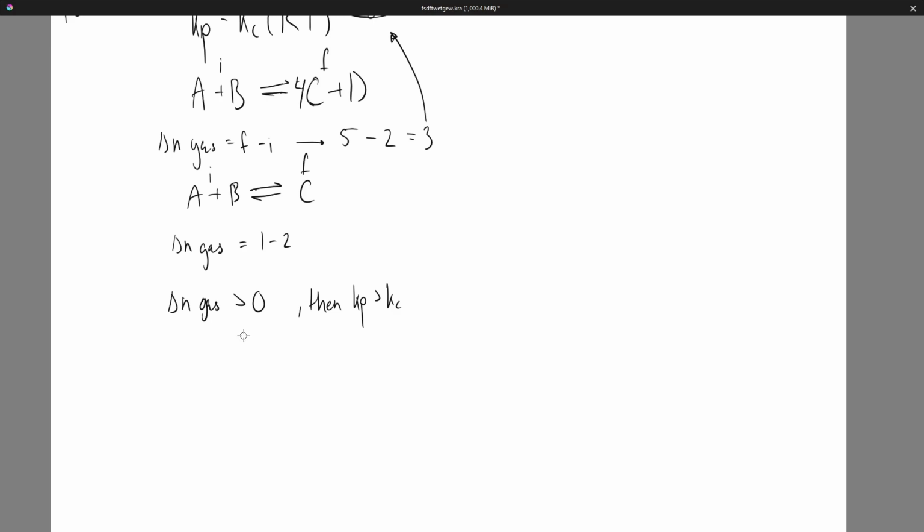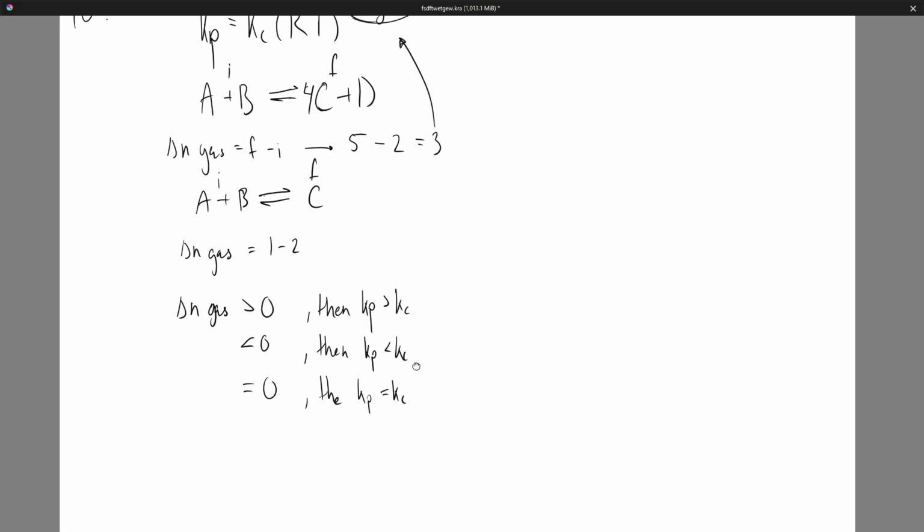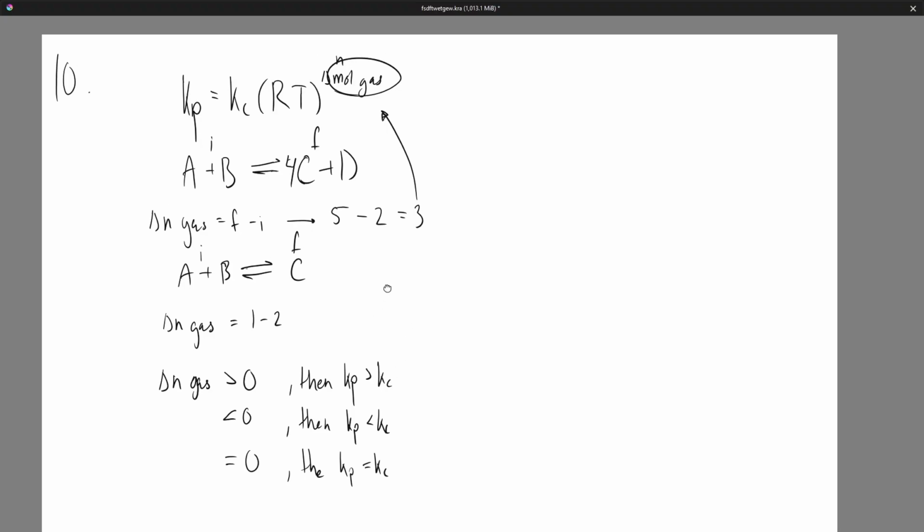But if the change in number of moles of gas is less than 0, then it would be Kc that's larger than Kp. If it's equal to 0, then they'll be equal to one another. That's kind of how you should see it.